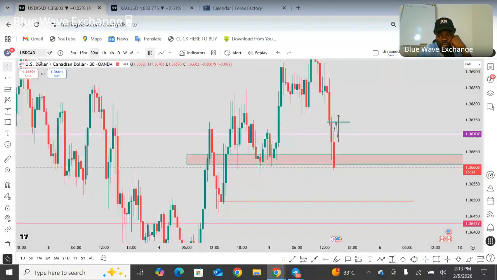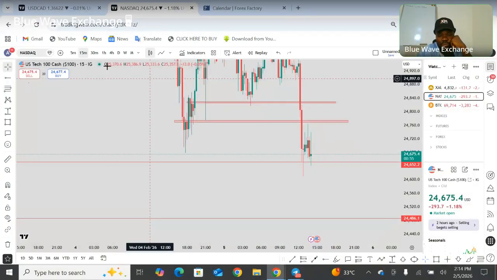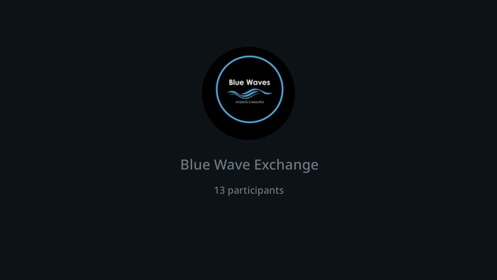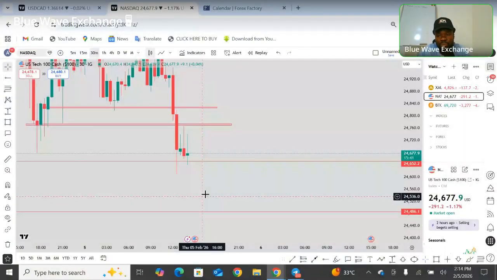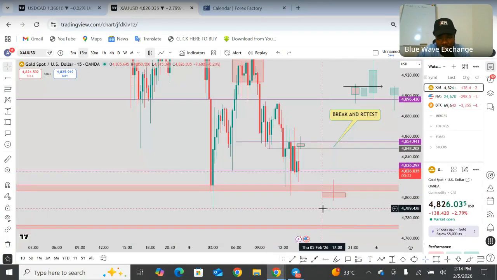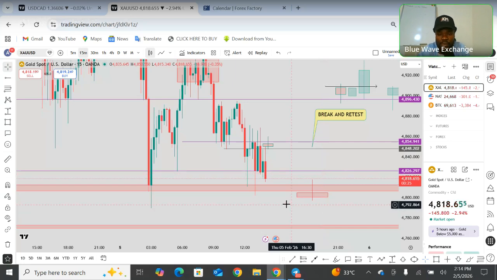Yeah, so gold is ranging. Gold is ranging. So with Nasdaq, if the next 15-minute candle closes below the move currently, okay, I'm seeing some. So 2:15.